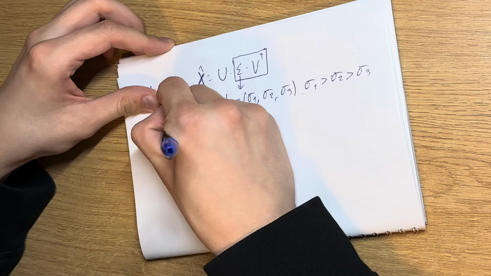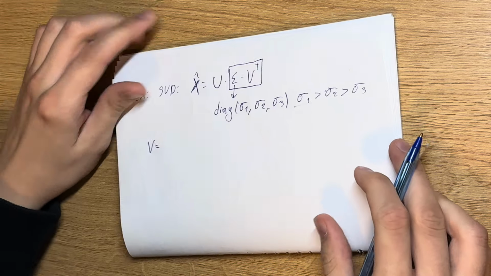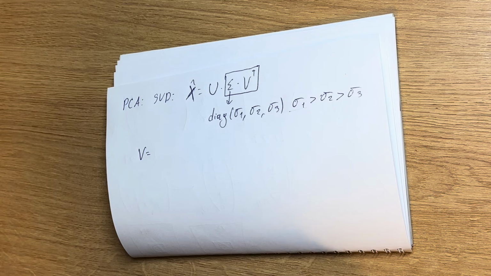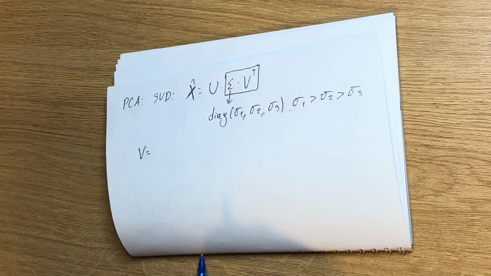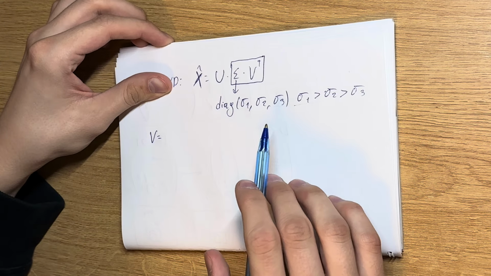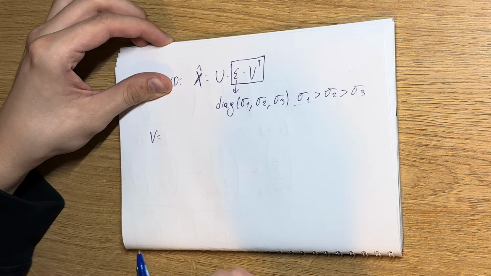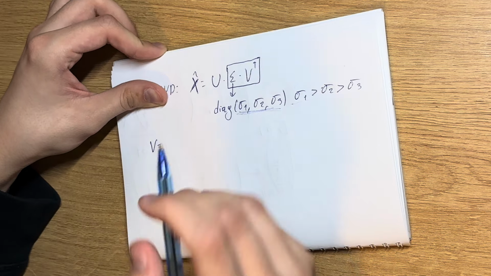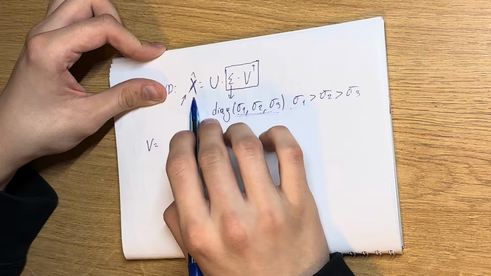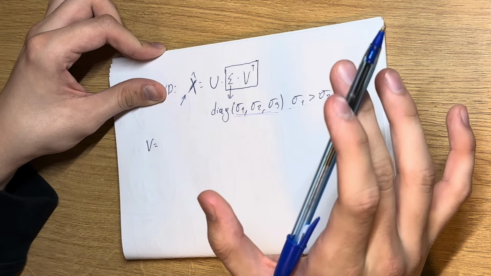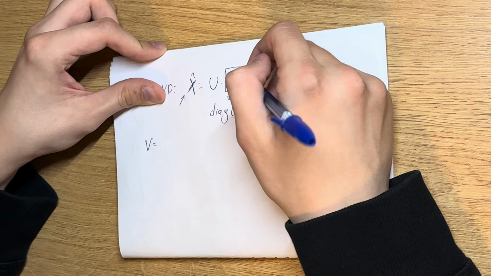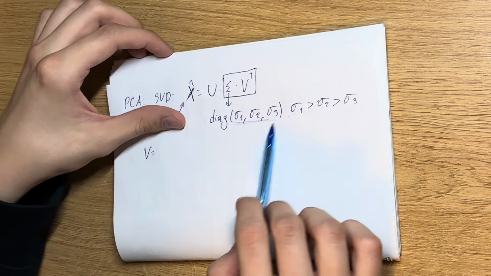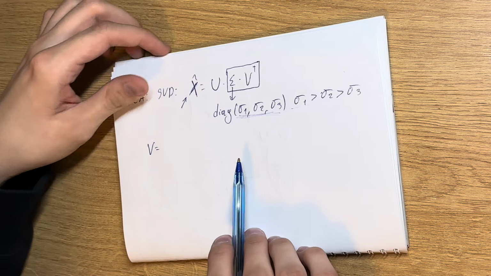And the matrix V contains the eigenfaces, which represent those features as vectors, because X just contains the difference in pixels, but V contains vectors for those features.